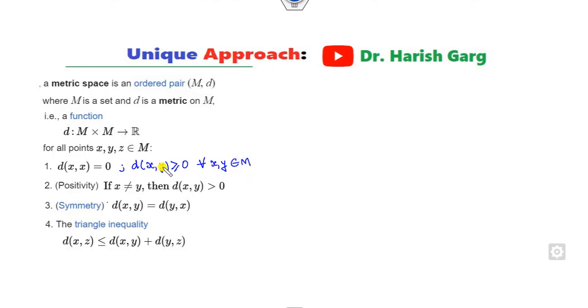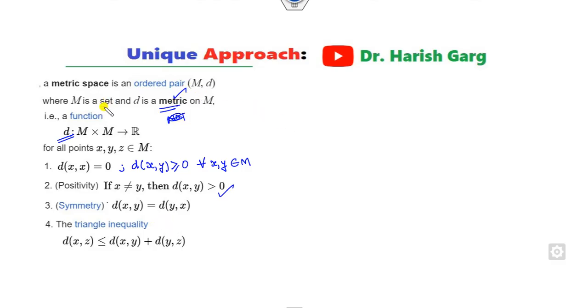Whenever x is equal to y, then it is 0, and this property is my second. Also, it must be symmetric and the triangle inequality must hold. If any function or metric does not satisfy any of the four properties, then we can say it is not a metric. If it satisfies all those properties, then we can say it is a metric.